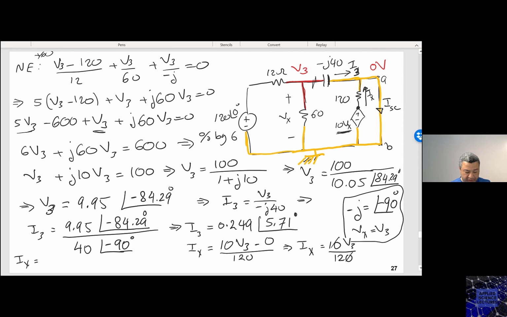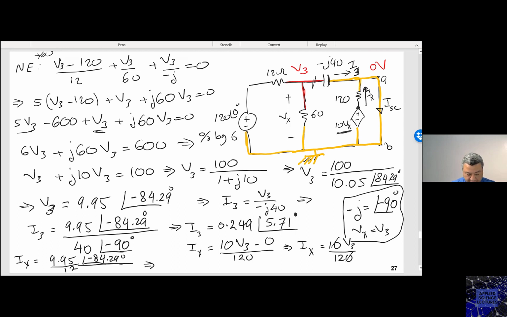So I will divide 9.95 by 12, angle minus 84.29 degrees.